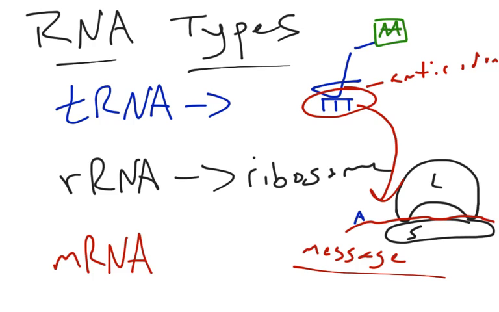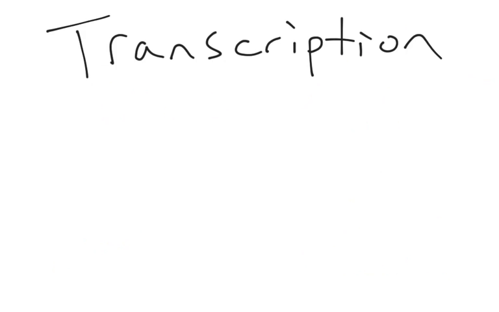So if AUG was the first one here, which you'll get used to hearing, the anticodon on the tRNA actually binds with AUG. So the anticodon would be UAC, right? It's all complementary base pairing. C binds with G, A binds with U, and U binds with A. And that's how those RNAs function in protein production. This will all make a little more sense in a bit, but this gives you at least an idea of the different types of RNA and what they're actually doing in transcription and translation.